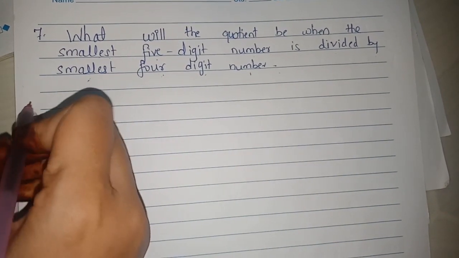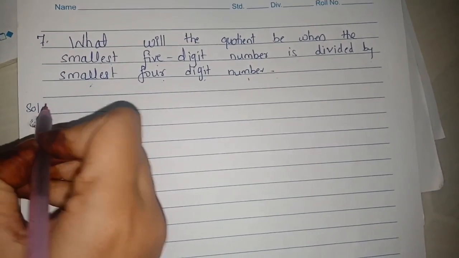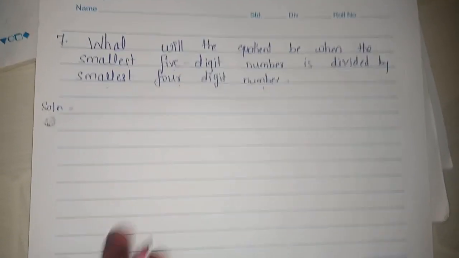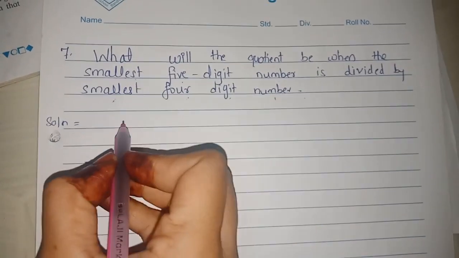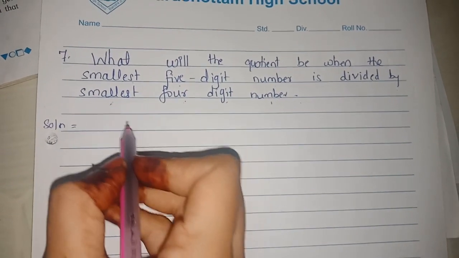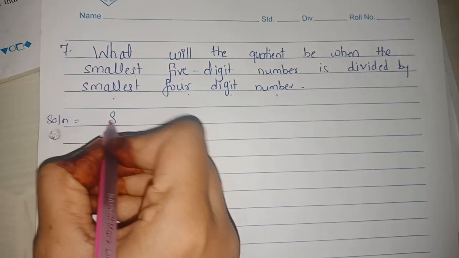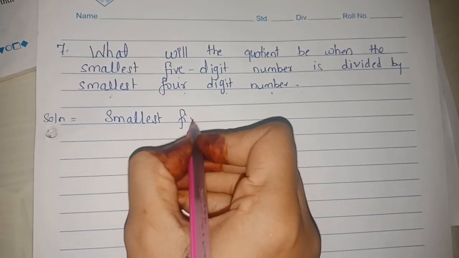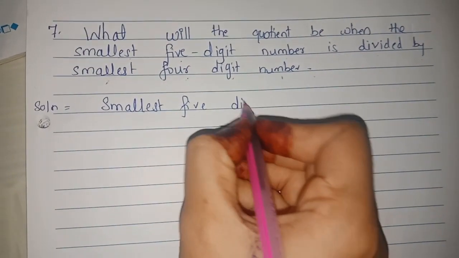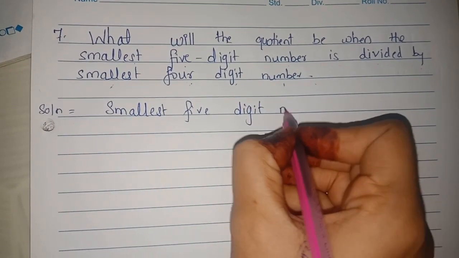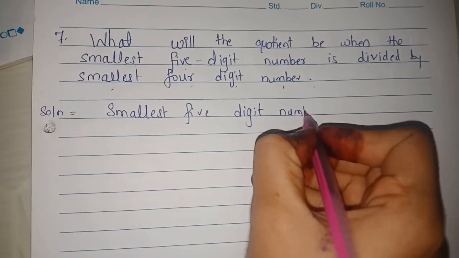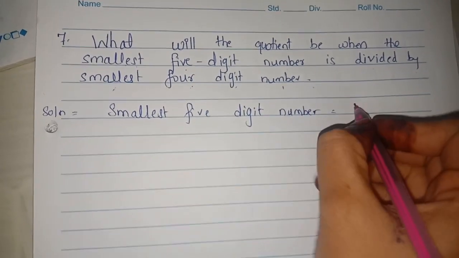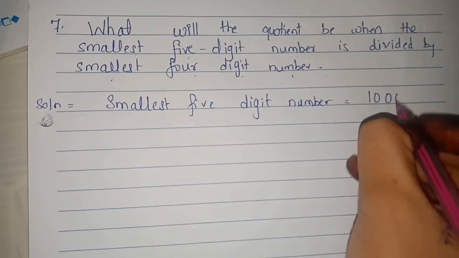Now first we will write the smallest 5-digit number. Smallest 5-digit number is 10,000.